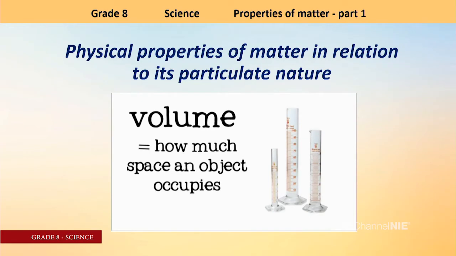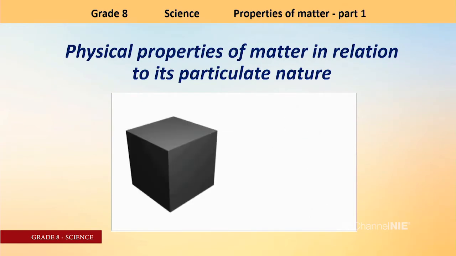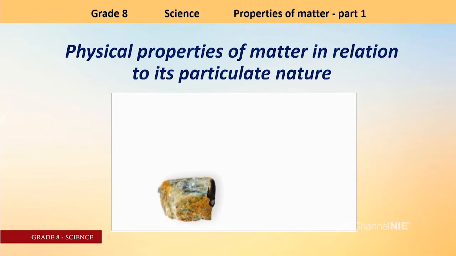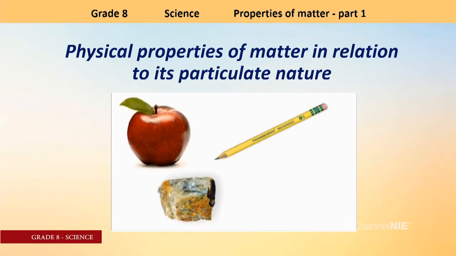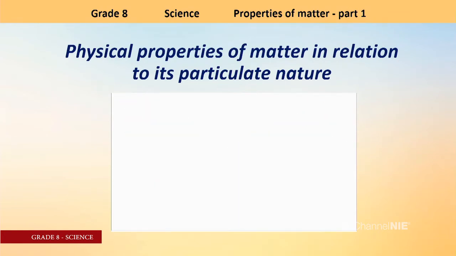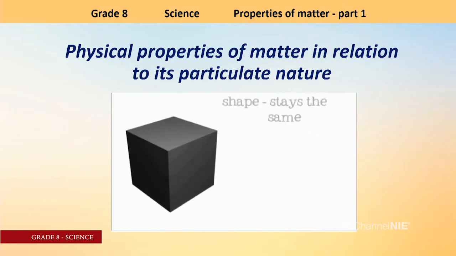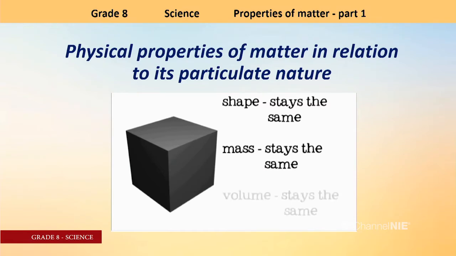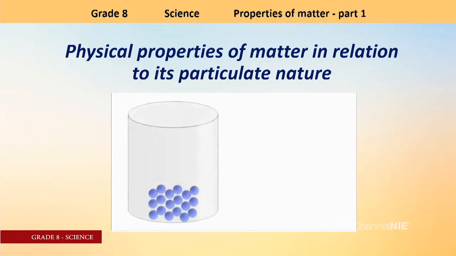So, here we are going to talk about solids first. Solid means, you know, stone, apple, pencil, plants, anything we can take as a solid. In a solid, the shape stays the same, you know that. Then the mass also stays the same and the volume stays the same.